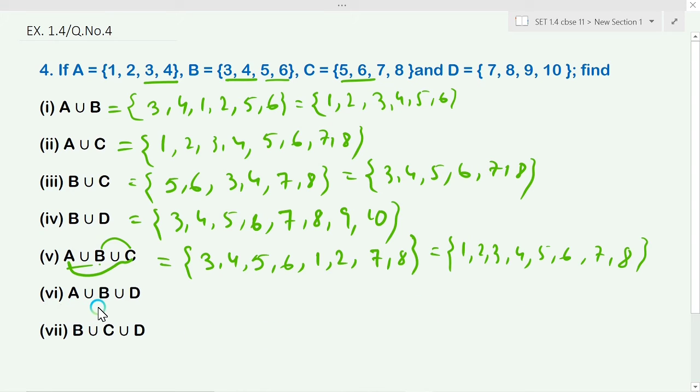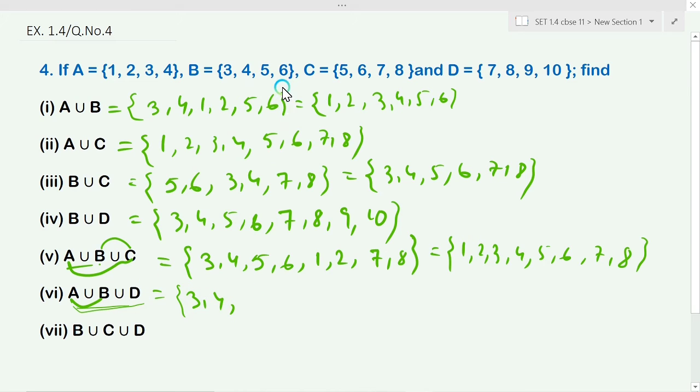Now A union B union D. First of all we have to find any common number among these three sets, A, B and D. No, there is no common element which belongs to A, B and D. So just find common elements between A and B. The common elements between A and B are 3 and 4.